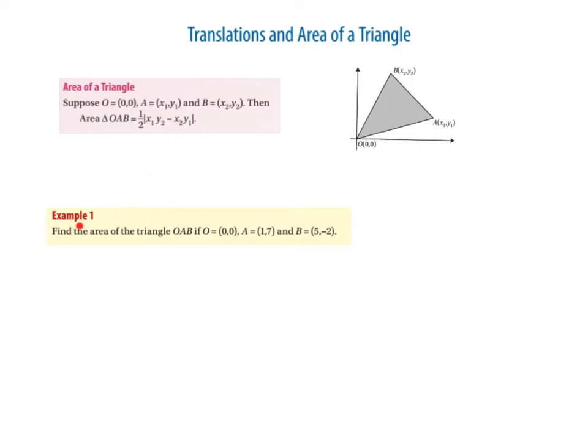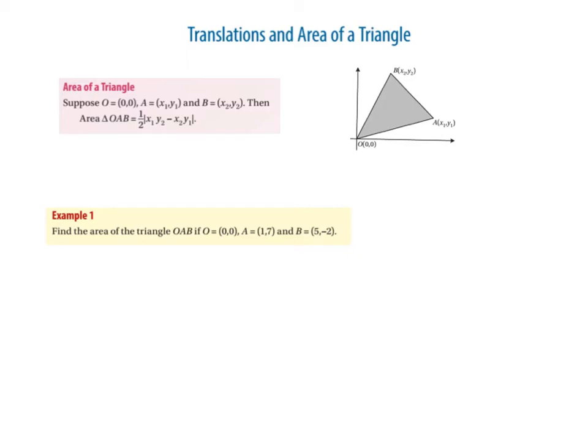So straight into example number 1 here: find the area of the triangle OAB if O is equal to 0, 0, A is equal to 1, 7, and B is equal to 5, minus 2. Perfect, you can see here we have one of the points as the origin 0, 0, so we can just substitute the values straight into the formula.